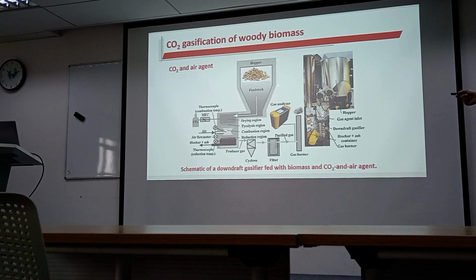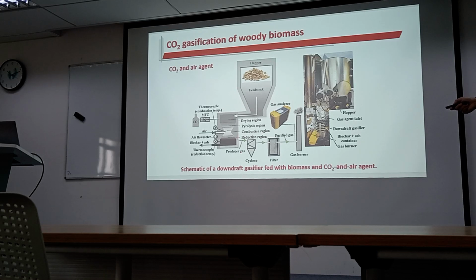co-agent. This is the traditional structure of the downdraft gasifier. You can see that he added the feedstock from the top. It will go through 4 different regions, including the drying region, hydrolysis region, combustion region, and the reduction region.